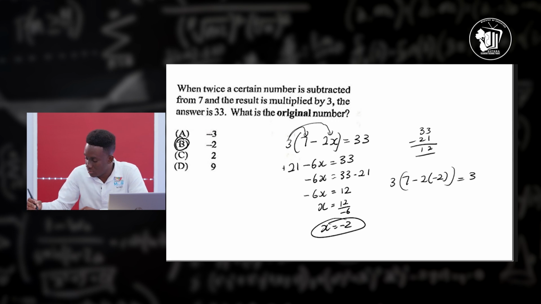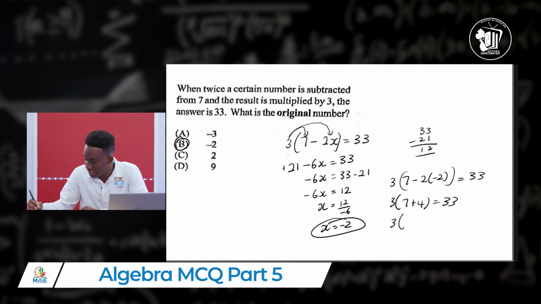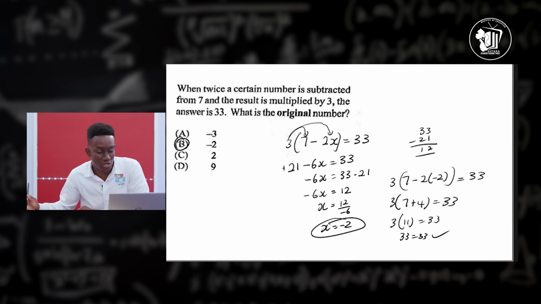So 3 multiplied by 7 subtract negative 2 times negative 2, which will give me a plus 4, is equal to, this should be 33. So 3 multiplied by 7 plus 4 would be 11. And this should be 33. So 3 times 11 would be 33, is equal to 33. So therefore, our answer is indeed 100% correct. So the answer is B, negative 2.